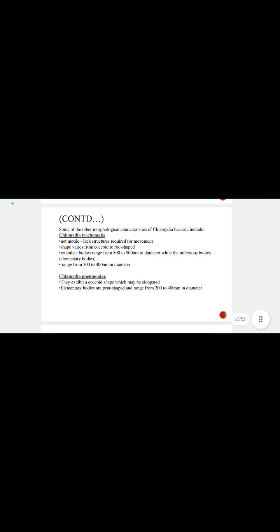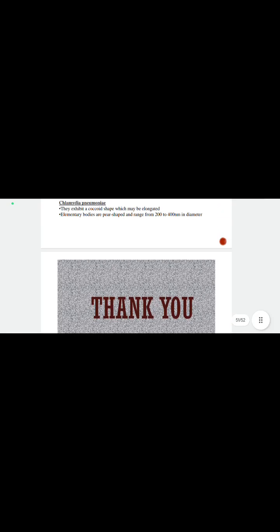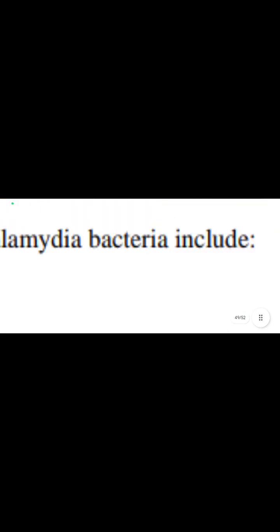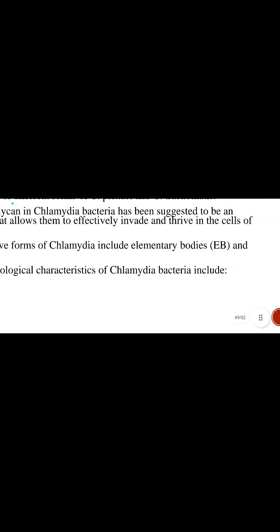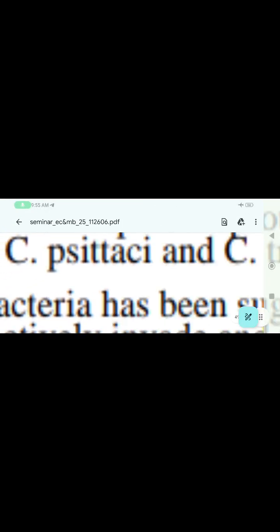In Chlamydia pneumoniae, they exhibit a cocoon shape which may be elongated. Their elementary bodies are pear-shaped and range from 200 to 400 nanometers in diameter. So here is the classification of various microorganisms.